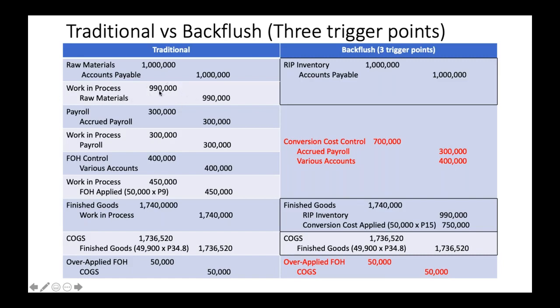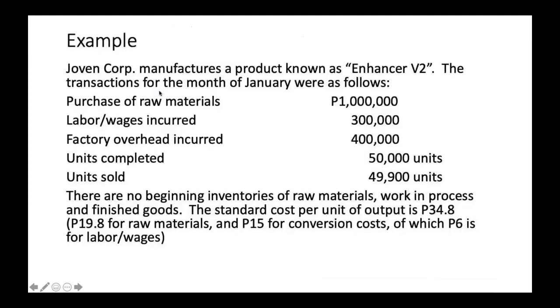990,000. How did we get 990,000? Let me go back to the previous slide. The units completed is 50,000 units, and therefore the number of units that were processed during the period is also 50,000 units because there is no beginning inventory of work in process account.